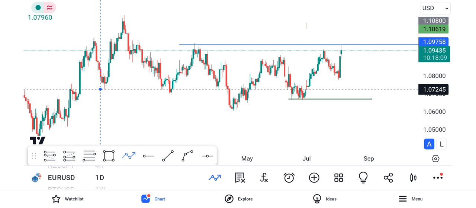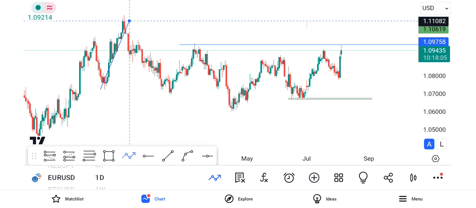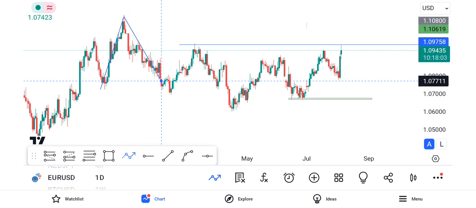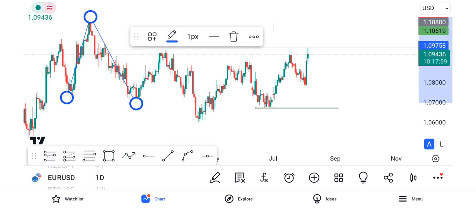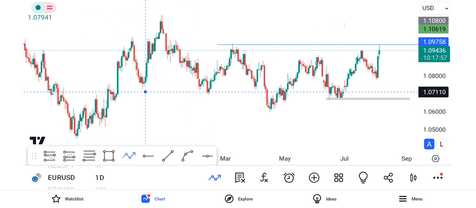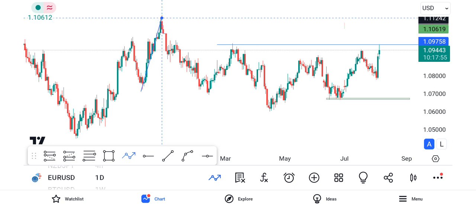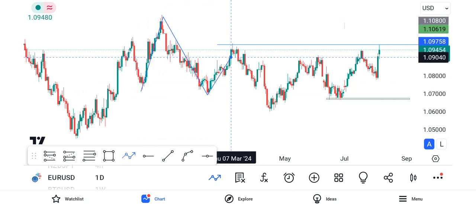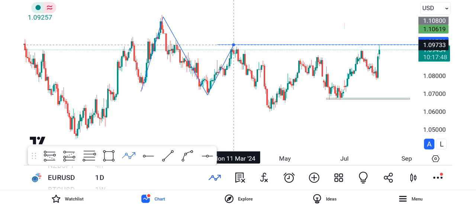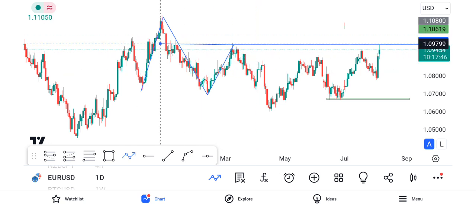From this point to this high right here, this was a bullish trend, then price shifted into a downtrend and broke below this low. I'm sorry for that.